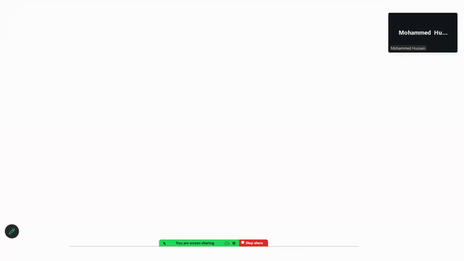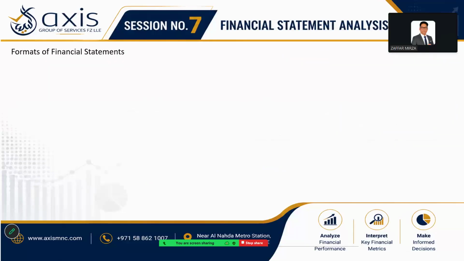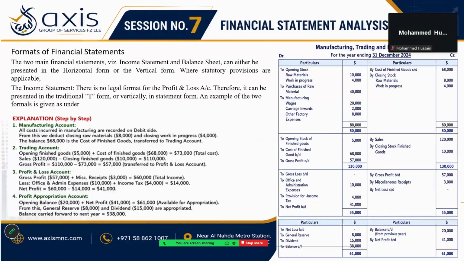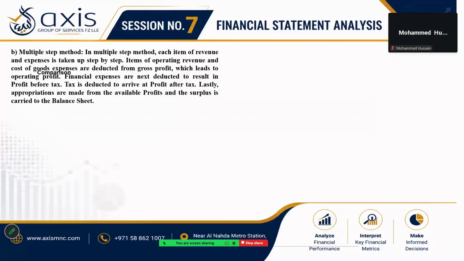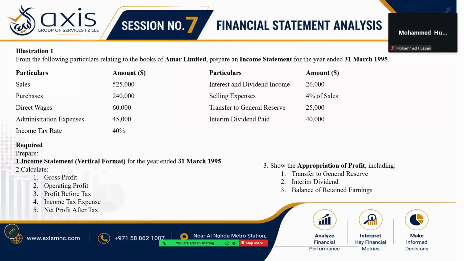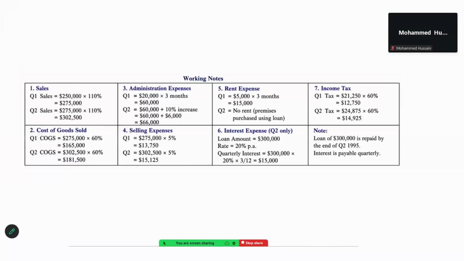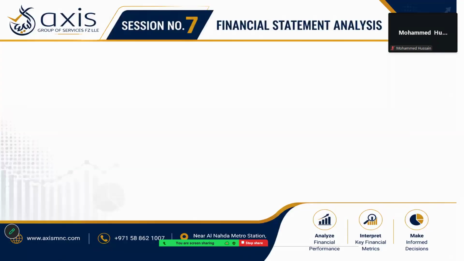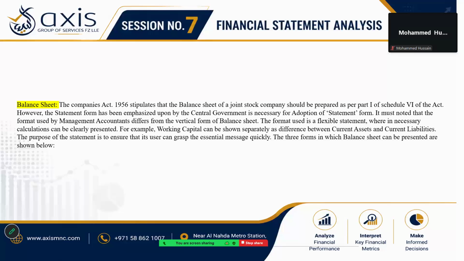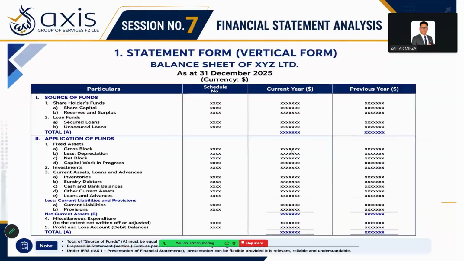Vertical format and T form. How many forms of balance sheet are there? Three forms. Vertical form of the balance sheet: source and application.